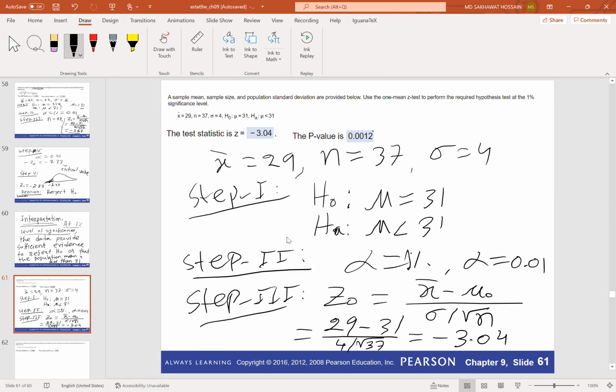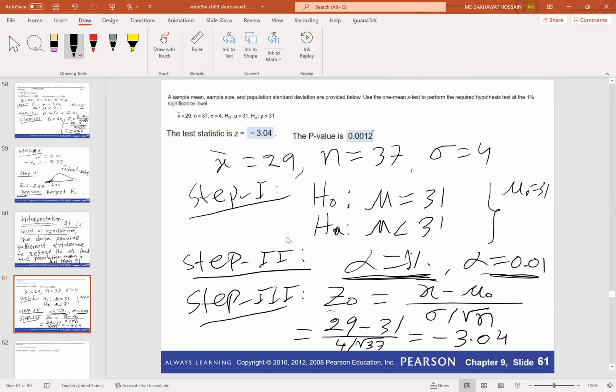So first step, we wrote the hypothesis, the null hypothesis and alternative hypothesis. Here mu 0 is equal to 31. In step 2, we determined the level of significance or alpha value, which is 0.01. In step 3, we calculated the test statistic, z observed z0, which is X bar minus mu 0 divided by sigma over square root of n.